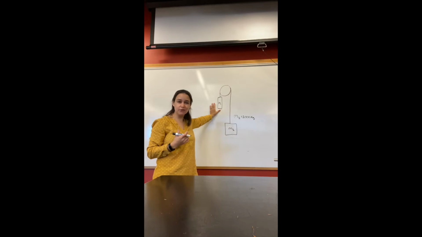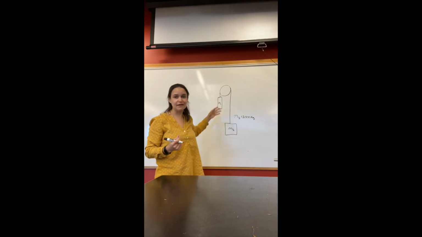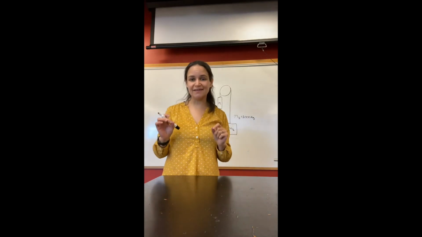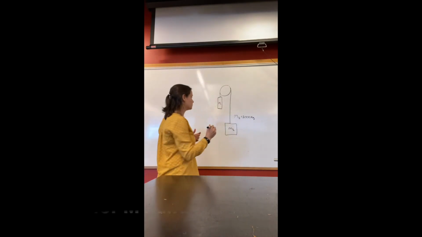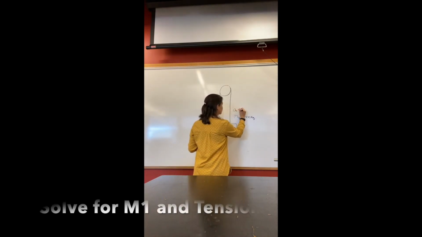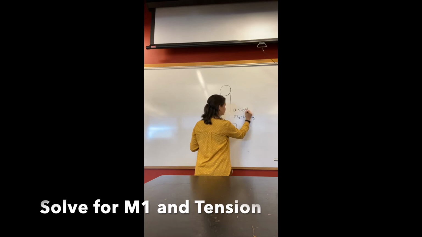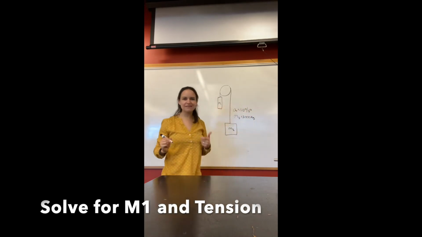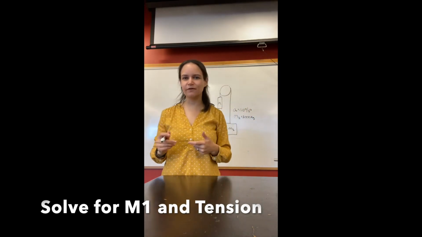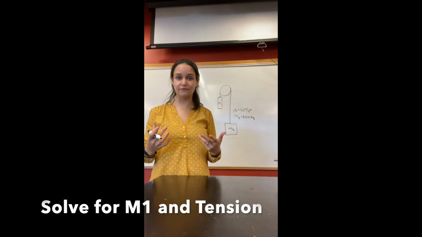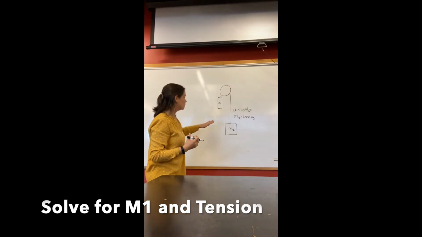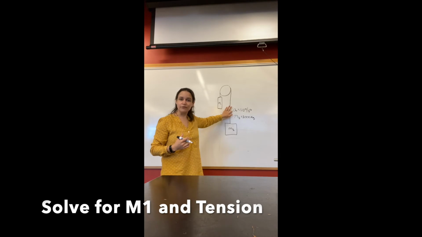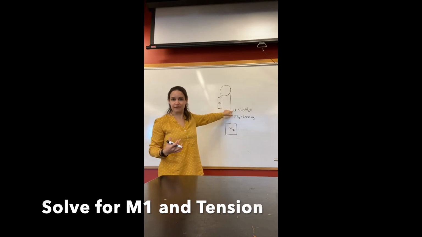I want you to figure out what that M1 should be if you want your elevator to have a nice acceleration of around 1 meter per second squared. That's about the industry standard for an elevator. So we'd like our elevator to accelerate upwards at 1 meter per second squared.